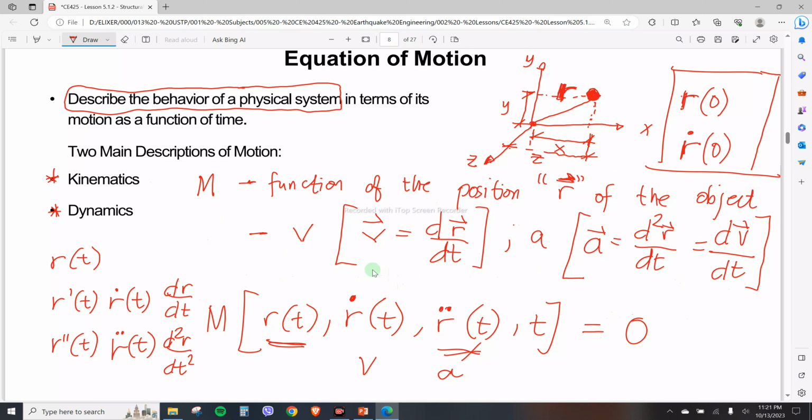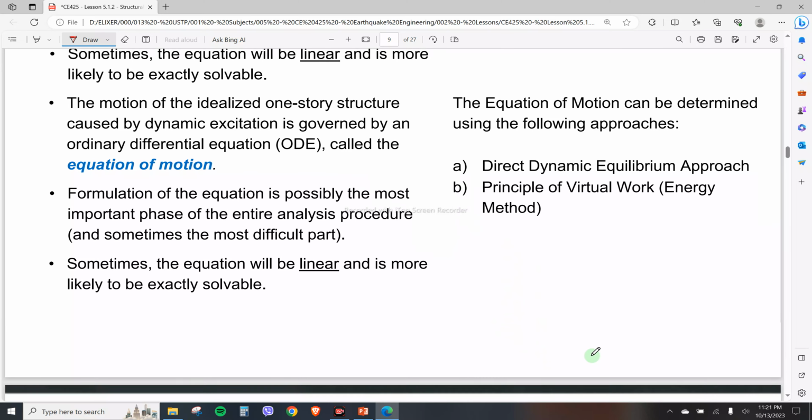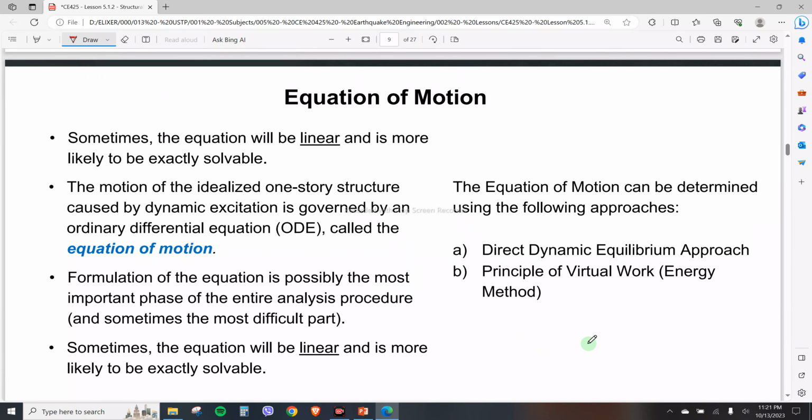And then eventually, you will have a particular solution. Sometimes the equation will be linear and is more likely to be solvable. Yes, at times it's linear and then the equation is solved.